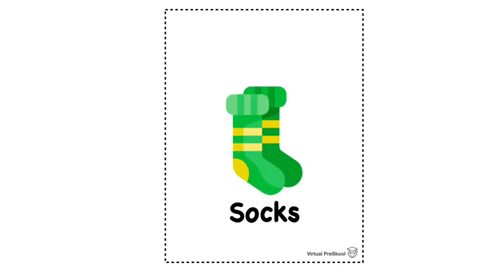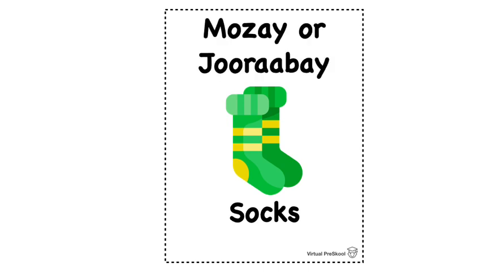For socks, there are two words in Hindi that we can use, moze or jurabe. Both of them are correct. Notice moze or jurabe means socks, plural, or more than one.